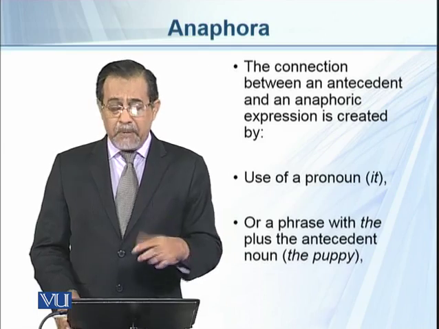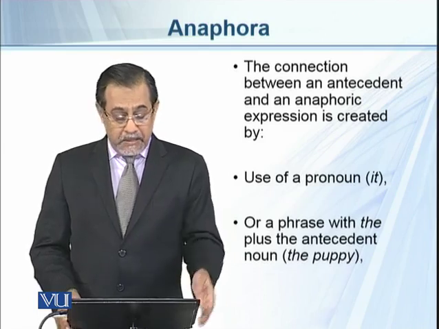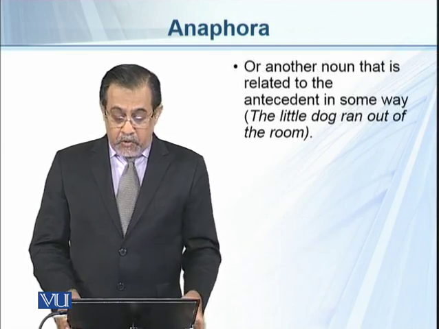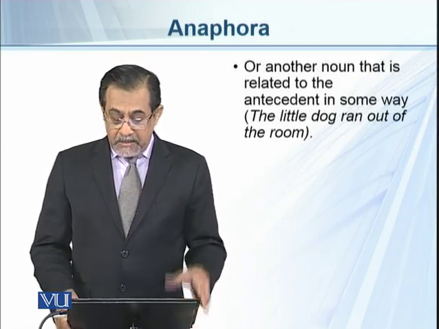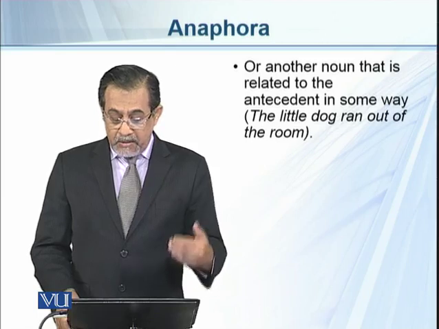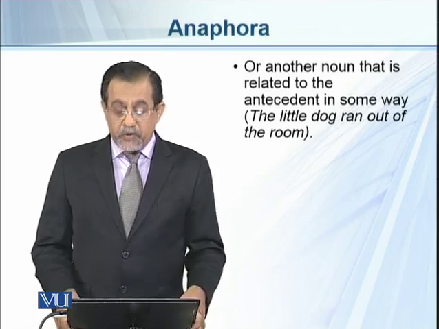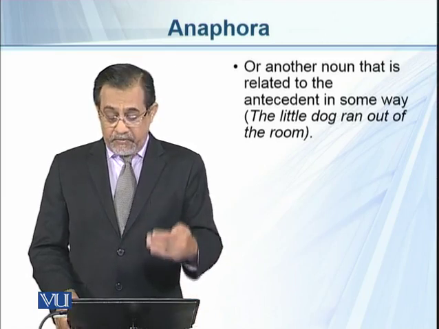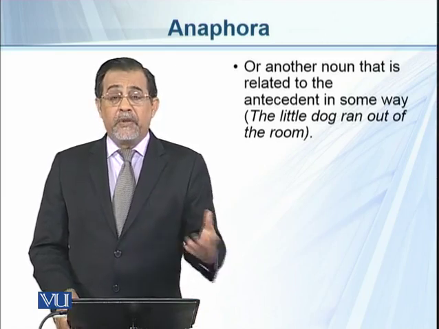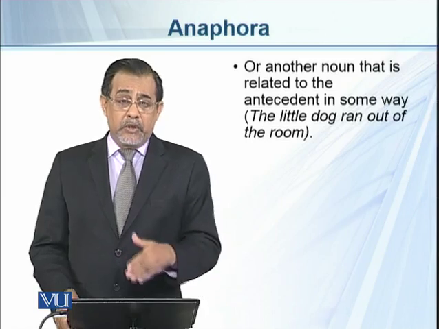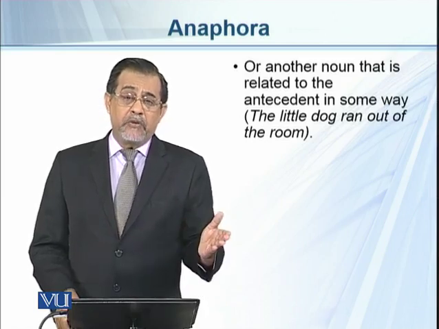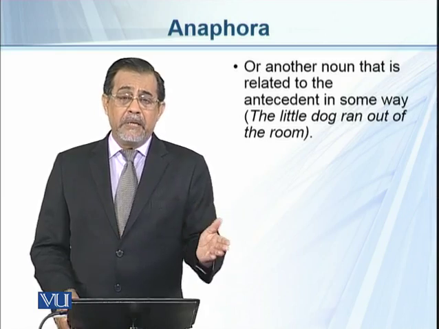I mean the puppy, the puppy. Or another noun that is related to the antecedent in some way. The little dog ran out of the room. So we can bring, for example, the little dog for the puppy. The little dog will refer back to the antecedent, a puppy, the puppy.